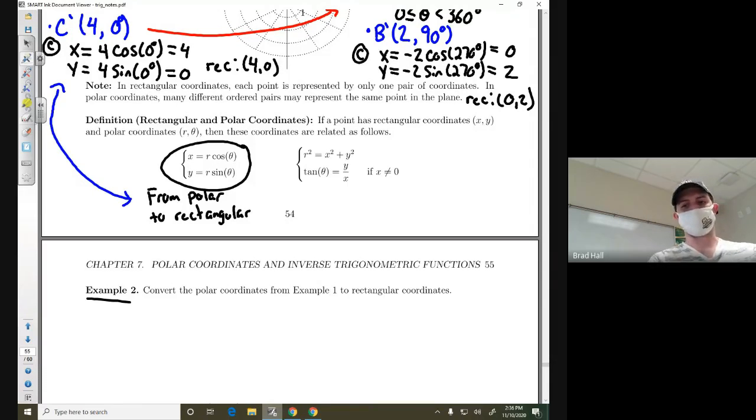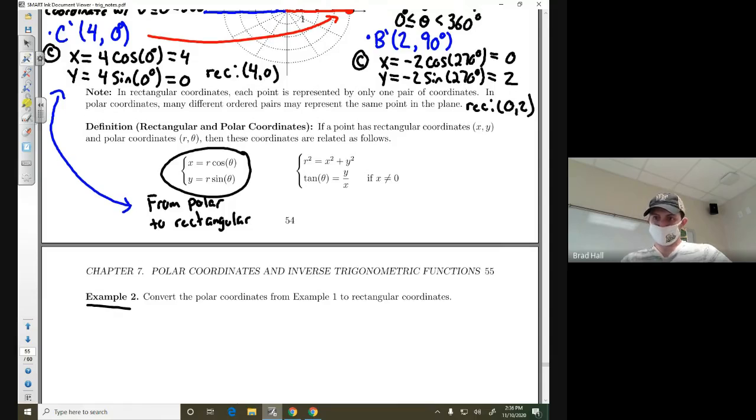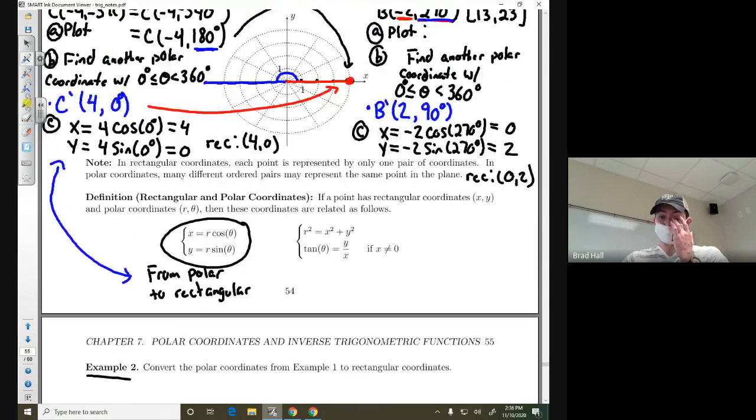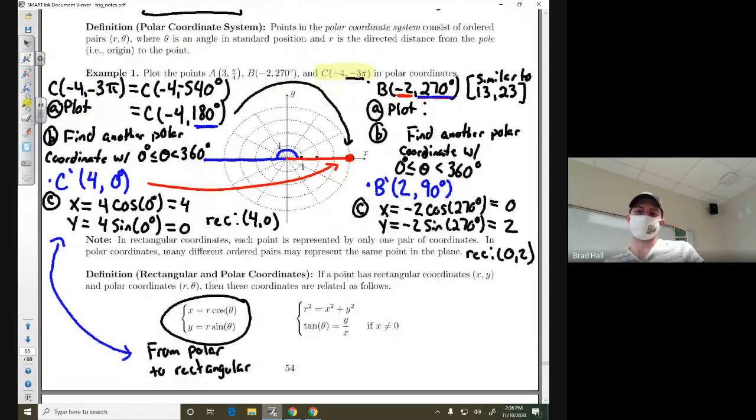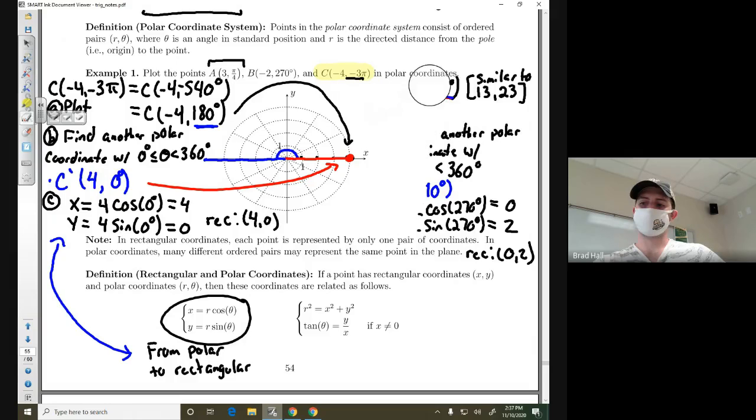Example 2, it's converting all of the ones from example 1 to rectangular coordinates, but we've been doing that already, so I kind of jumped the gun there. But I believe I didn't do that for the point A. I feel like I didn't work it out in this manner for the point A. So I'm going to go backwards.